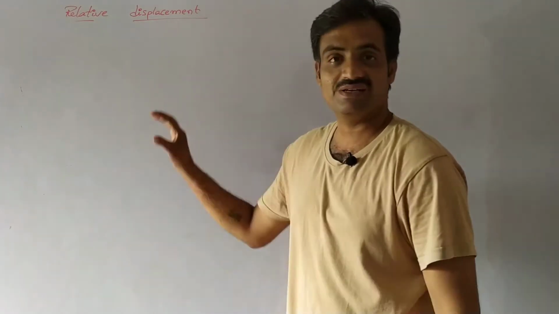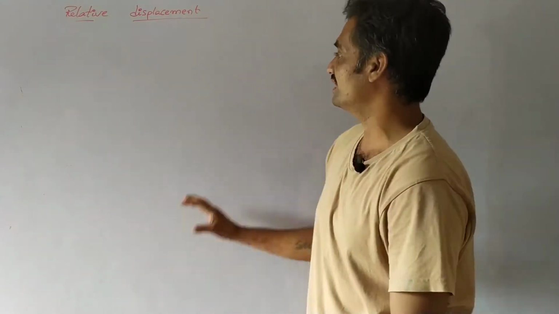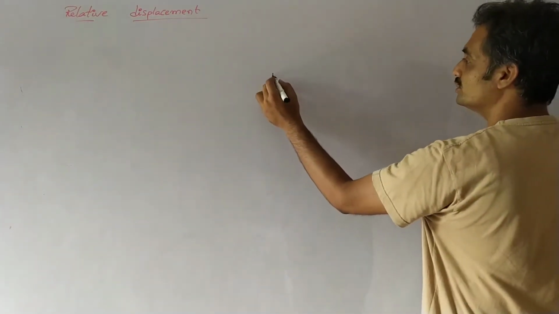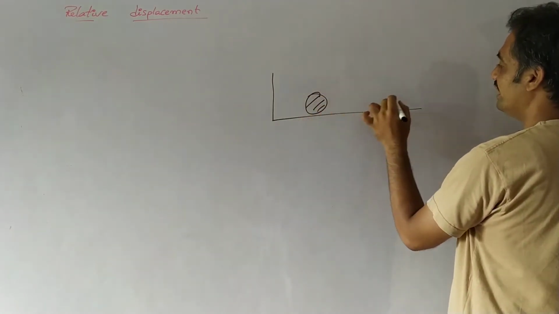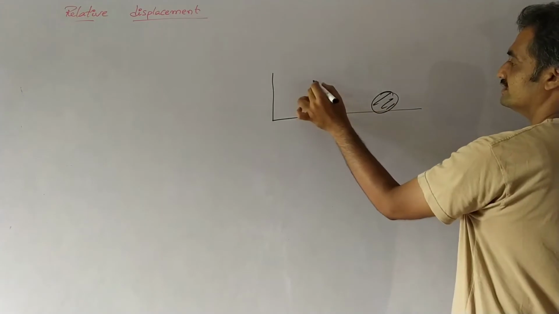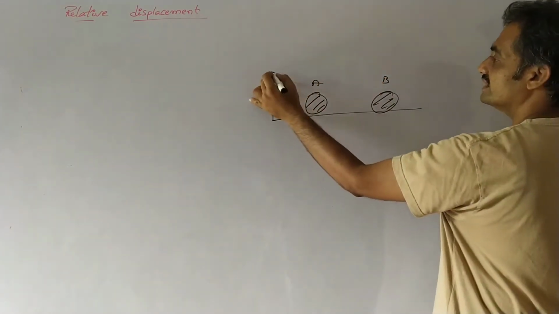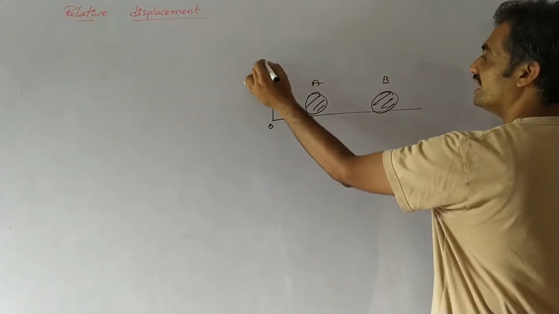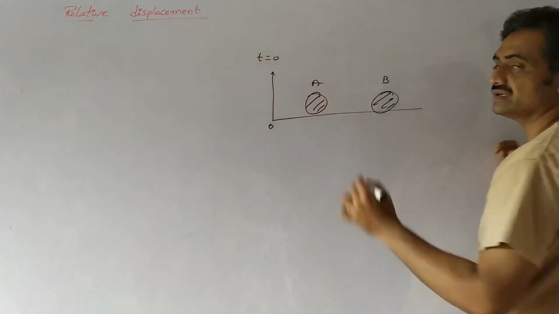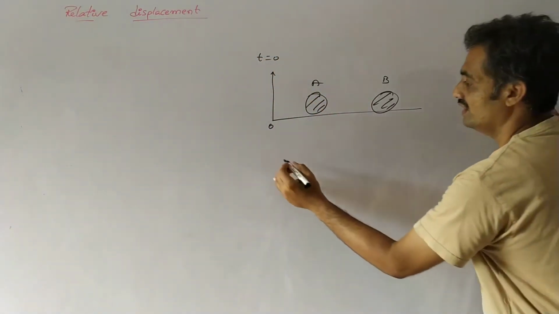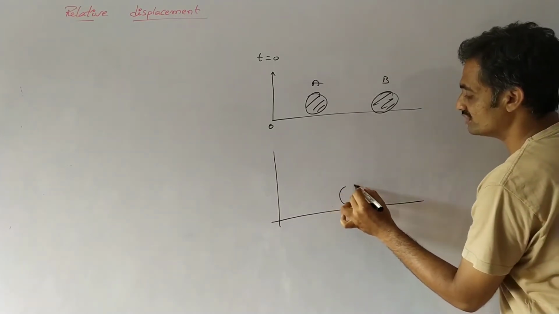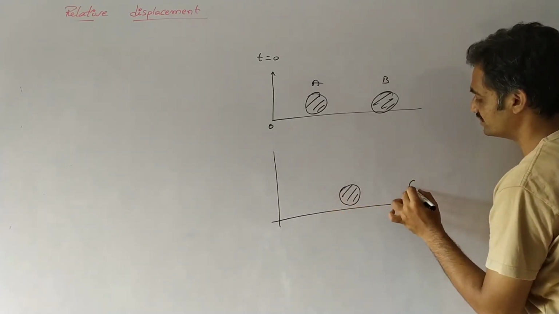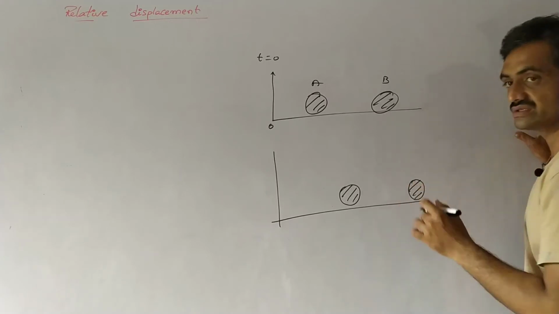Now we are going to discuss relative displacement. Coming to the case of relative displacement, let us consider two bodies A and B with respect to the origin at a time t equals to 0. After a time of t, the position of the body A as well as the position of the body B will change.